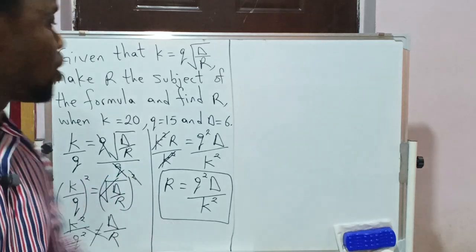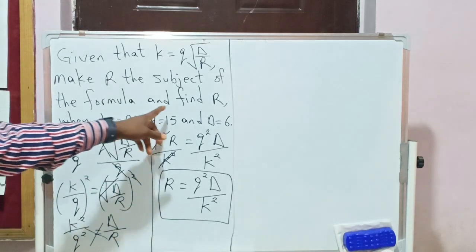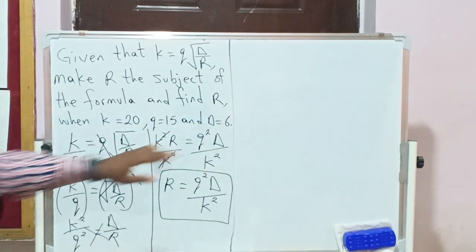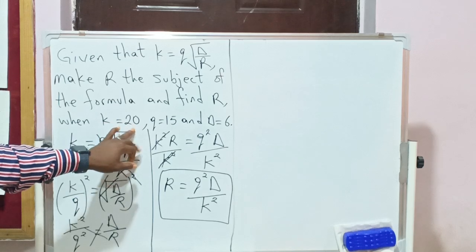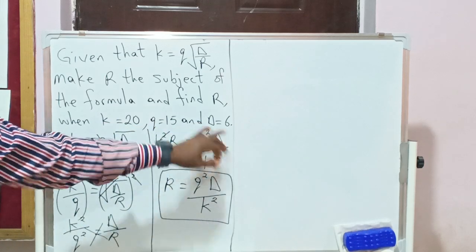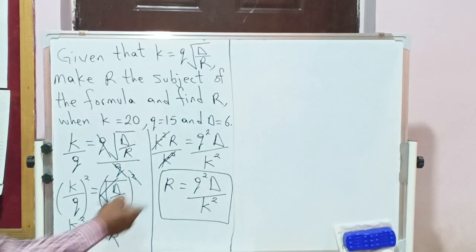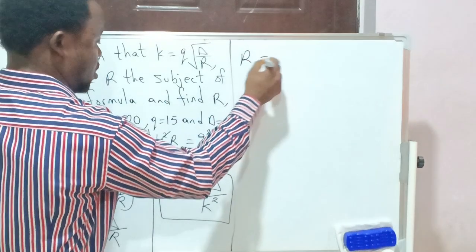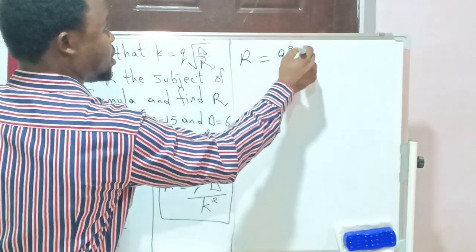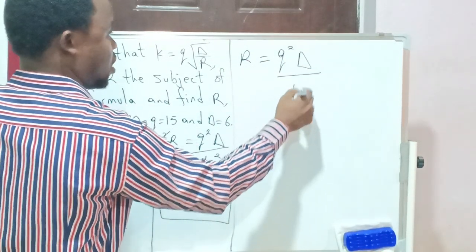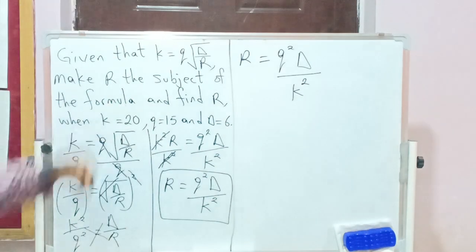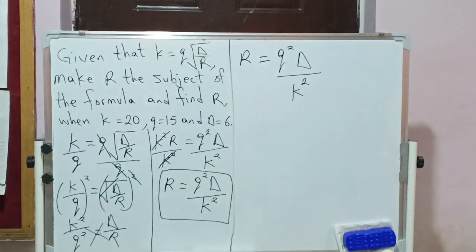Now, having done this, look at the second part of the question. They now said find r when k is 20, q is 15, and d is 6. So from our formula, r equals q squared d over k squared. So all we need to do now is just substitute.